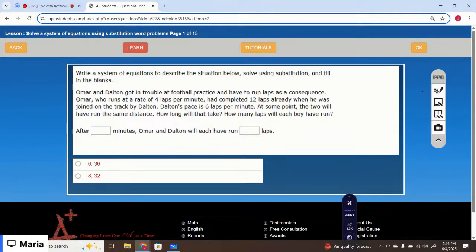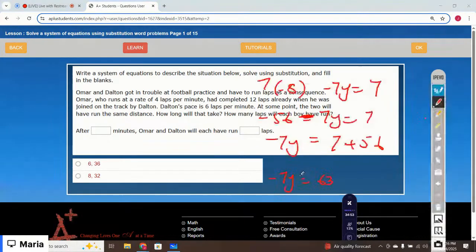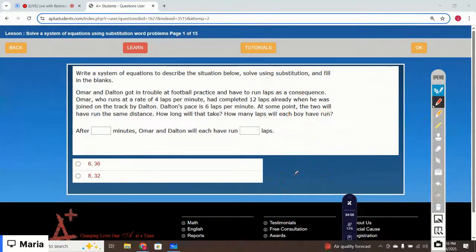So 4 laps per minute means the equation is y equals 4x plus 12. And Dalton's pace is 6 laps per minute, that is y equals 6x.